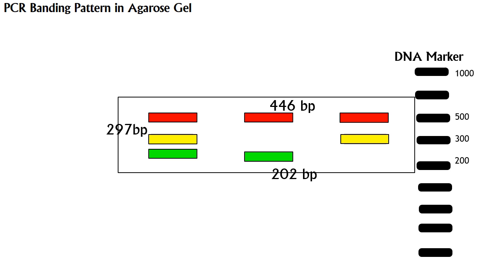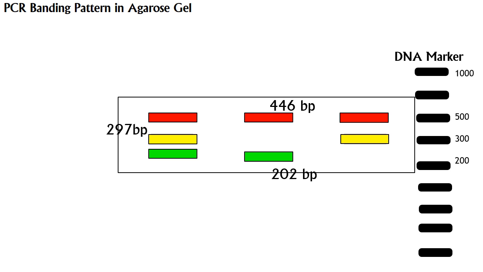Now let us further elaborate this picture. This is the picture of a gel we have run after an ARMS PCR. The well on the most right hand shows the DNA marker or gene ruler, which is used for finding out the length of the DNA molecules in the agarose gel.